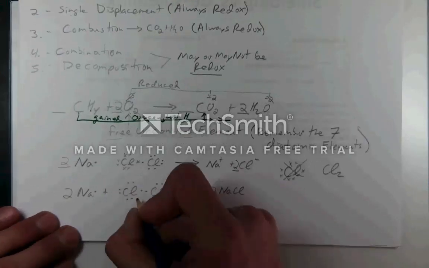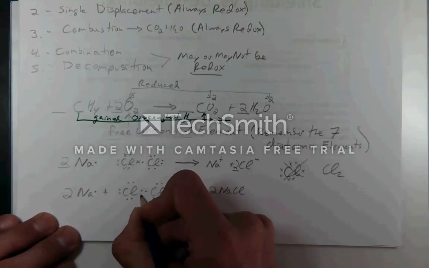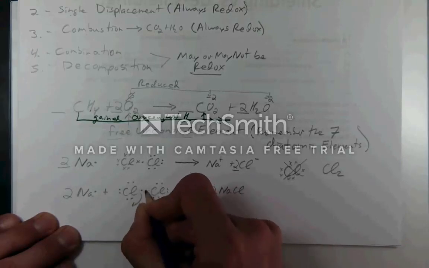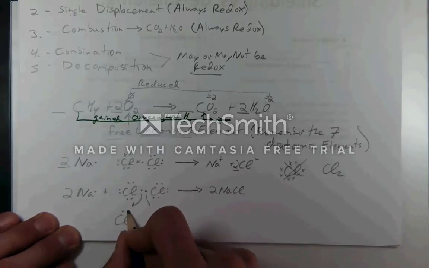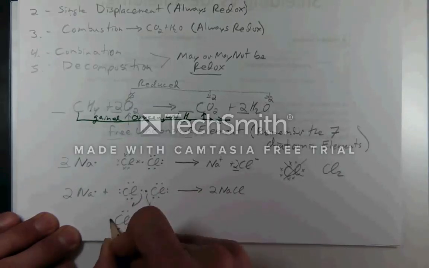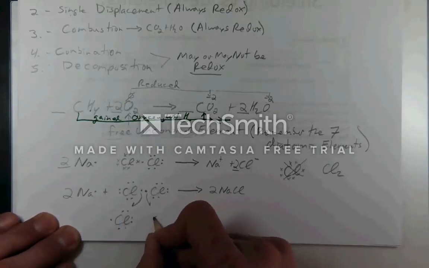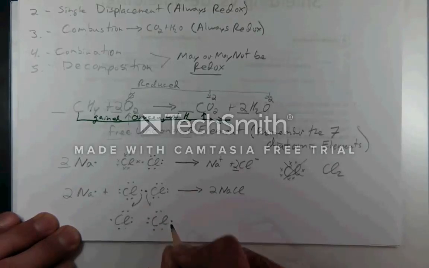And so what's actually happening here is this bond is breaking, and for reasons I won't get into, when you only move 1 electron, you use a half-headed arrow. I'm going to put this 1 electron over on this side, and this 1 electron over here on the right.